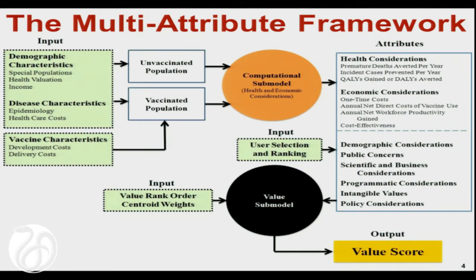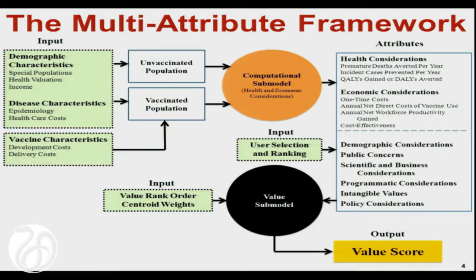This will then lead to calculations within the model of unvaccinated and vaccinated populations. And then from there, calculations of a lot of specific health outcomes, cost outcomes, and combinations of those, such as cost per quality adjusted life year or cost per disability adjusted life year, are available and immediately accessible as part of the program's output.